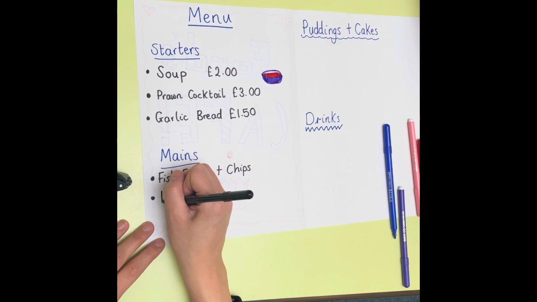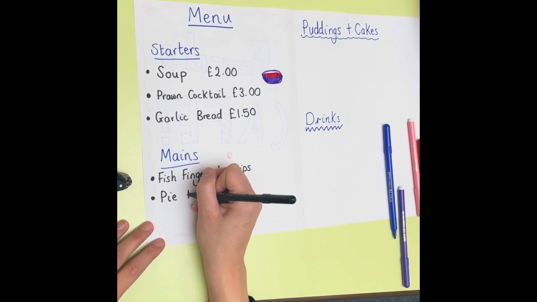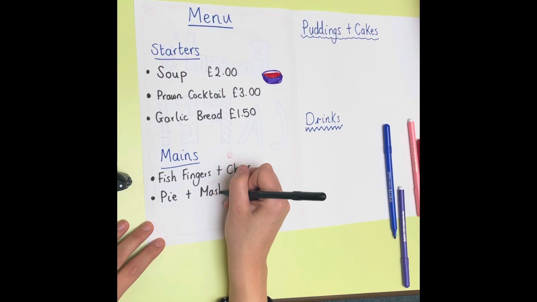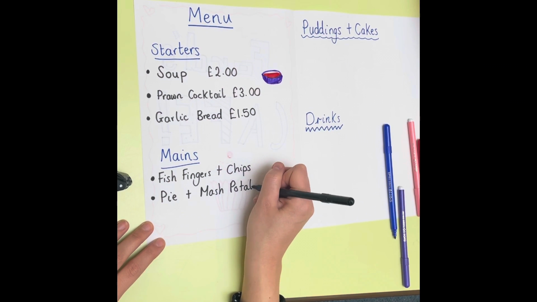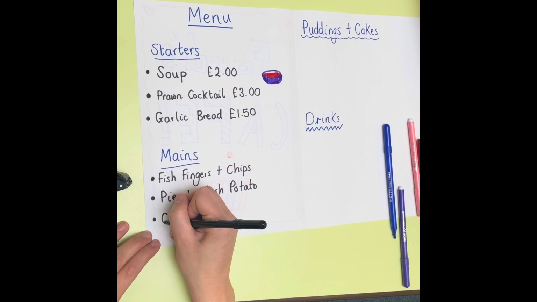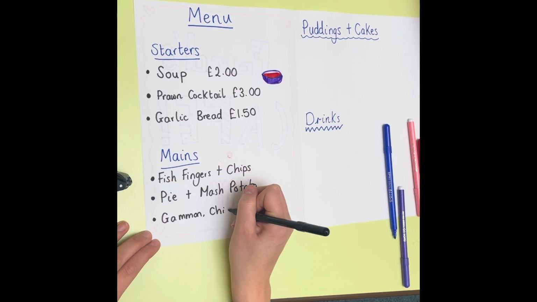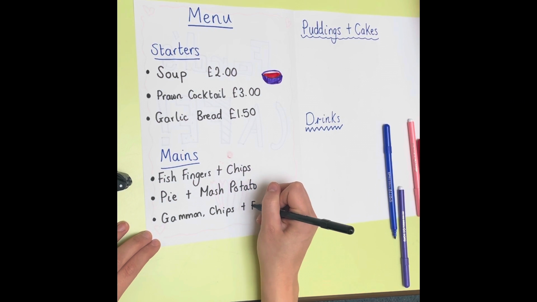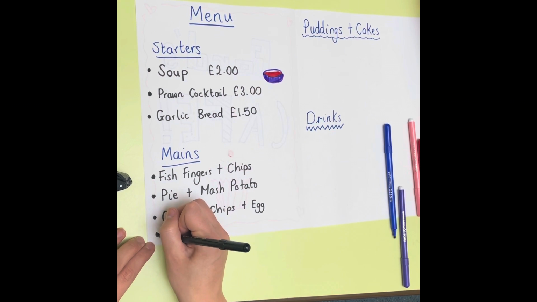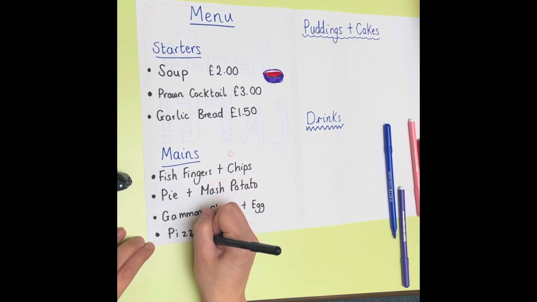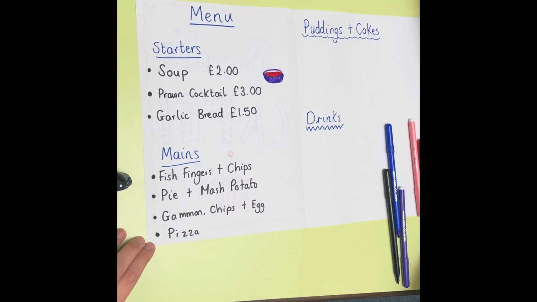I might do both. Pie and mash potato. And then I might have gammon, chips, and egg. And last one, pizza. I know that's a favourite with lots of children at our school.